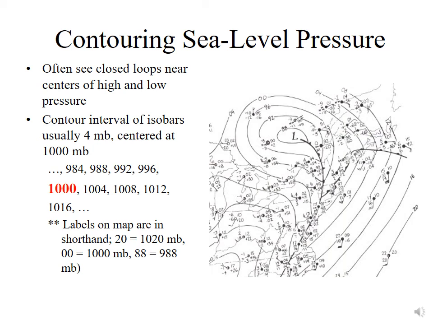So you do 100 kilopascals, 100.4, 100.8, and 99.6 and 99.2 kilopascals. On the right, we have a low pressure zone that has been contoured, and you can see that it has a trough associated with it, and that trough happens to be the location of the surface-based front associated with that particular low pressure zone.